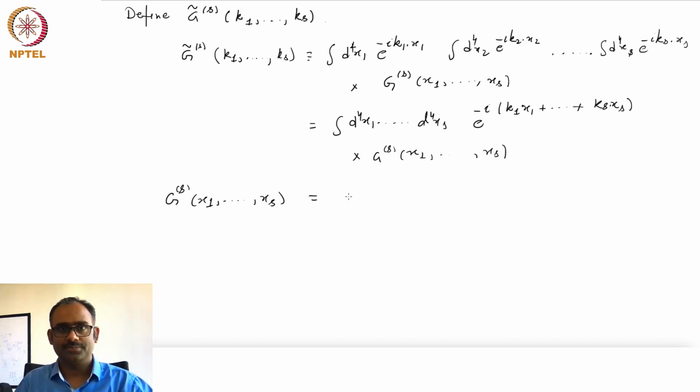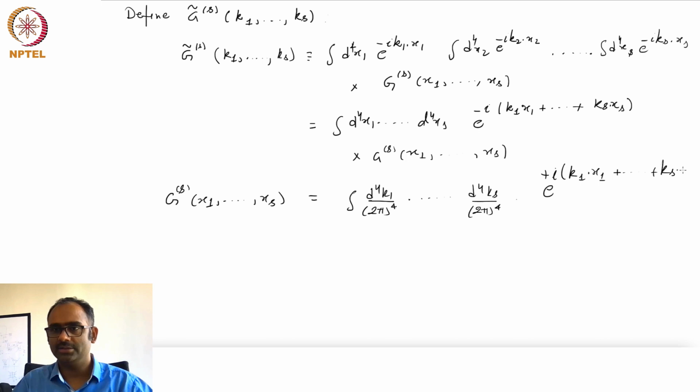This is d^4k_1 over (2π)^4, and so forth, d^4k_s over (2π)^4, then you have e to the plus i k_1 dot x_1, and so forth, k_s dot x_s, times G tilde_s(k_1 to k_s).